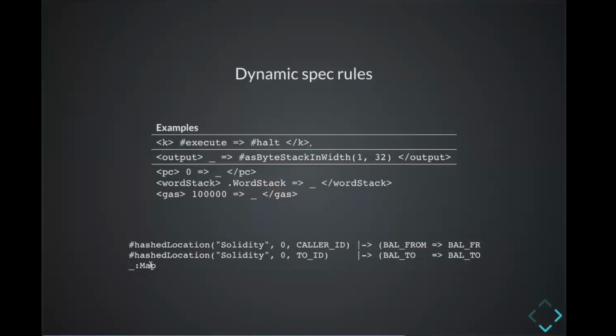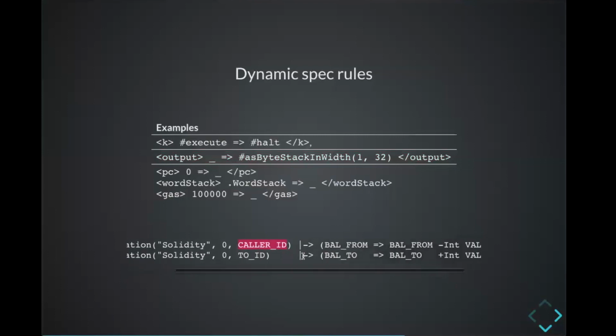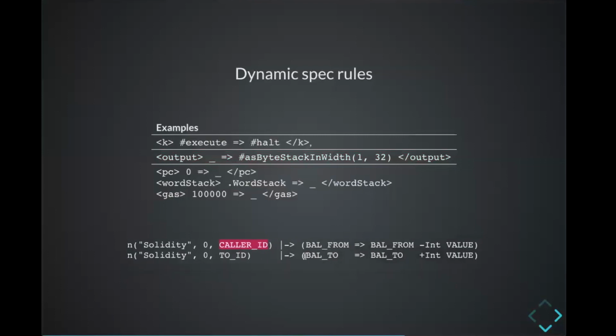And as before, we don't care at all about the rest of the storage. In other words, the rest of the storage can be whatever it wants initially and cannot change. So that brings modularity to the transfer function. The transfer function can only change these two storage slots, and in this very specific way.